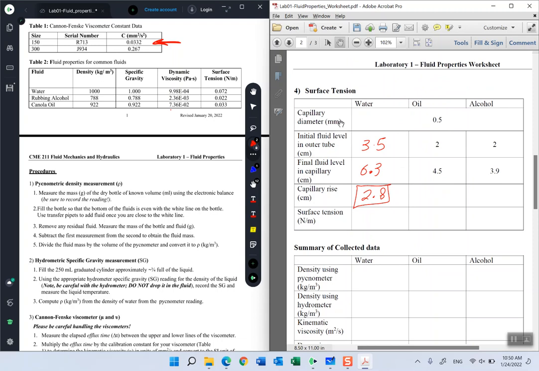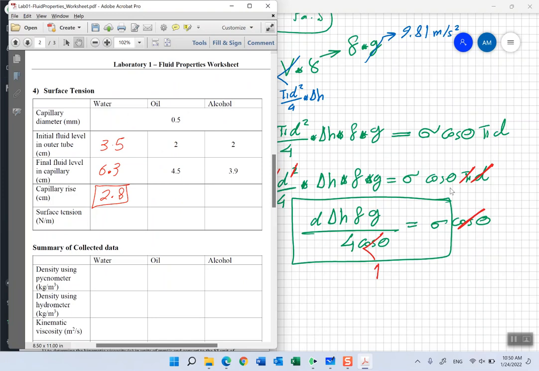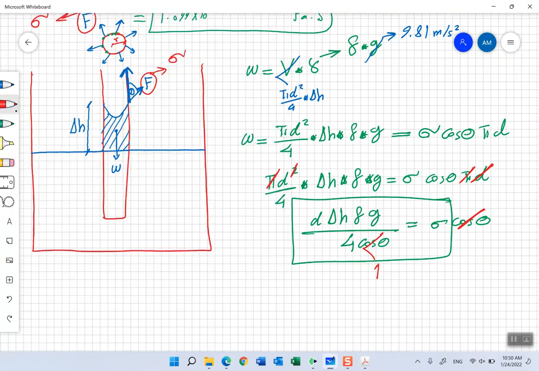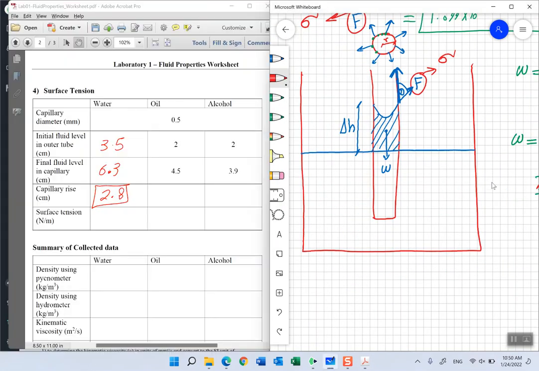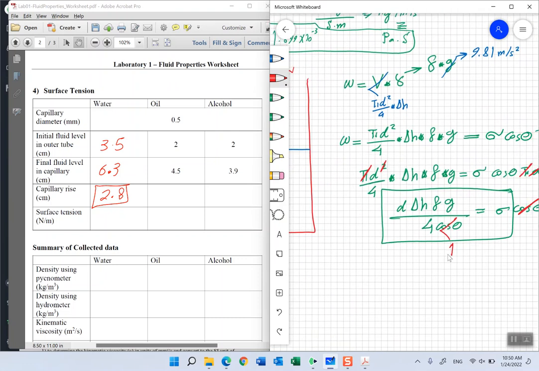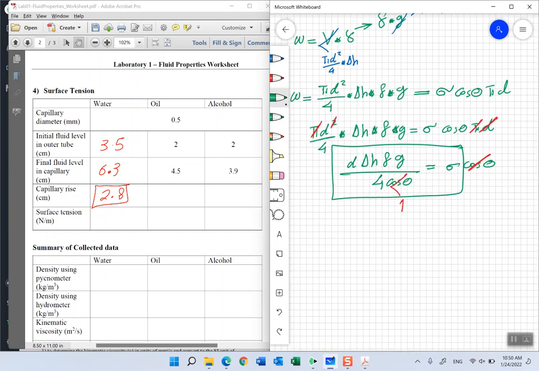Okay, so let's do it together. To calculate sigma, it would be the diameter 0.5 millimeter, and let's convert everything to meters, SI units.